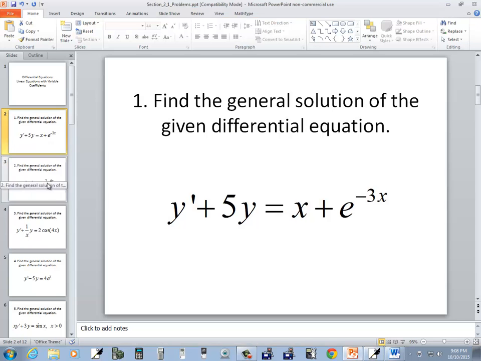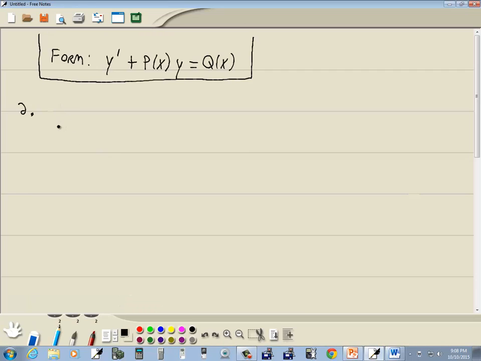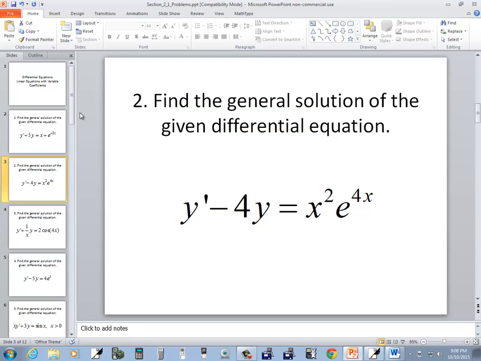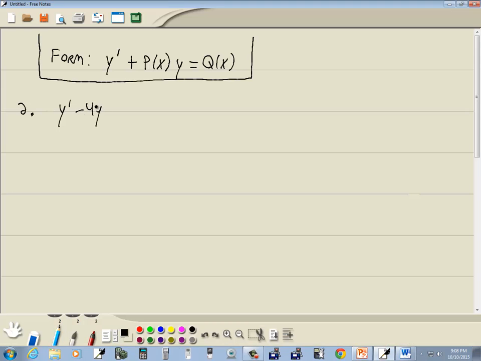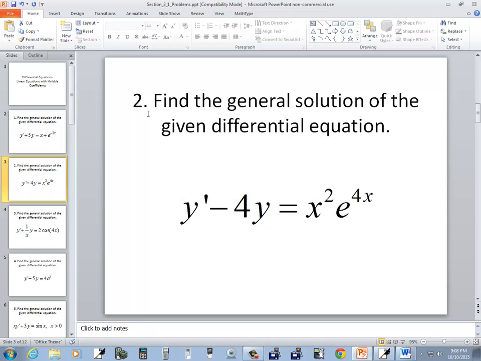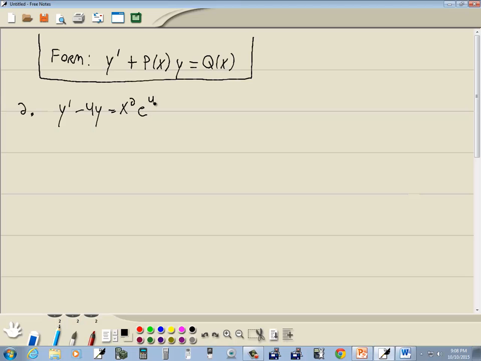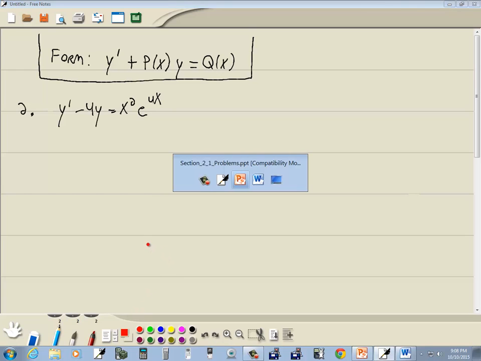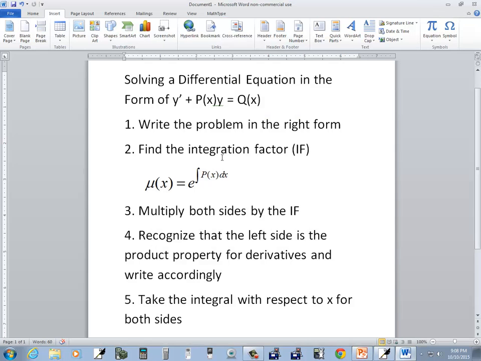Okay, so problem number 2. We got y prime minus 4y is equal to x squared e to the 4x. And in step 1, actually, I guess on step 5 here, I should also say, and solve for y.